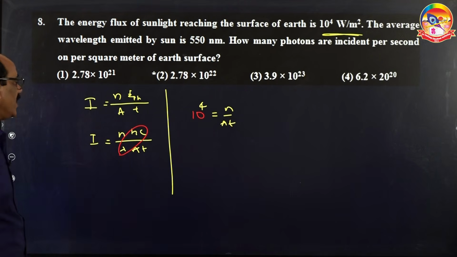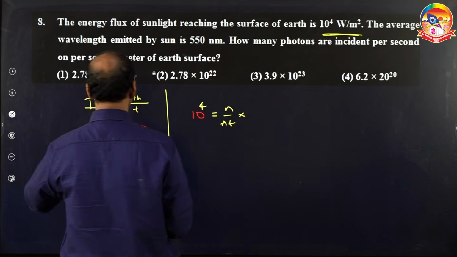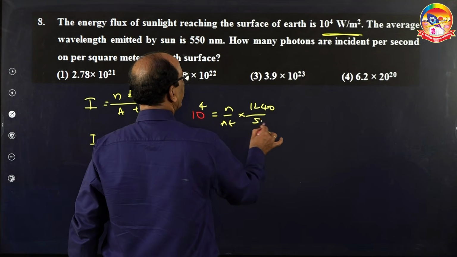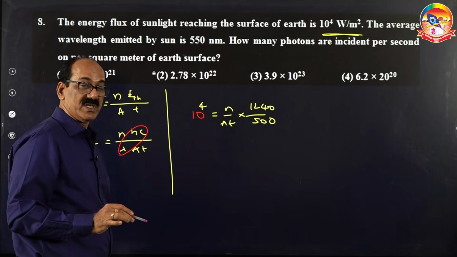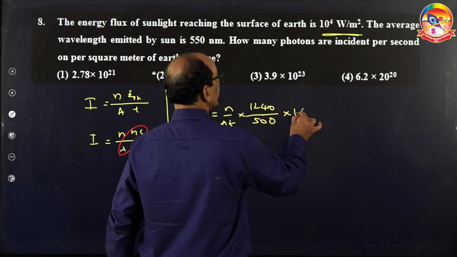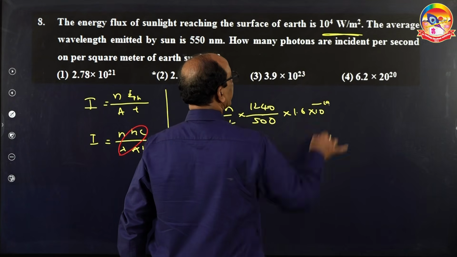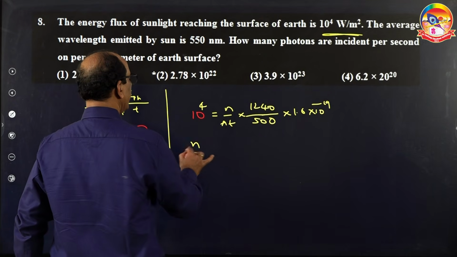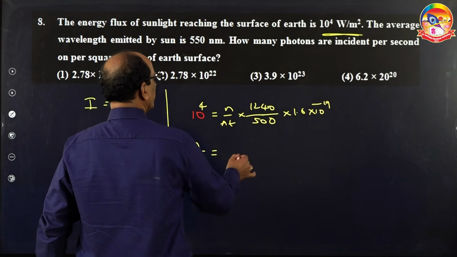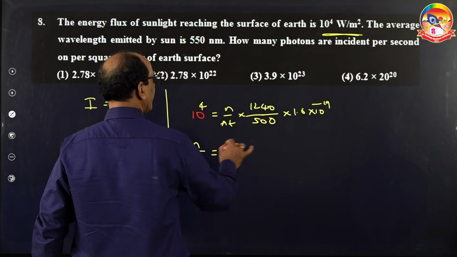We can write this as 1240 by 550, but we get it in electron volt, so that electron volt is to be converted into joule, with 1.6 times 10 power minus 19.